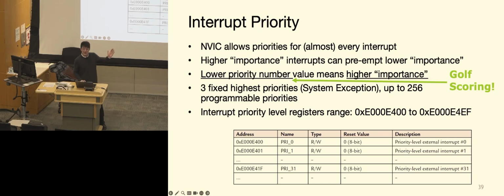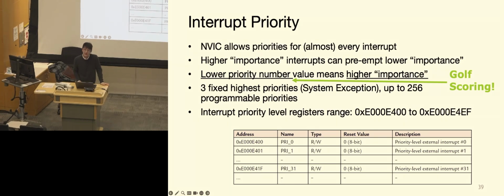Any guesses on why we're using that? Essentially each of the interrupts or peripherals in this case has a priority number, and the lower the number is, the higher the priority. Why are we using this scheme? Yes. Exactly.